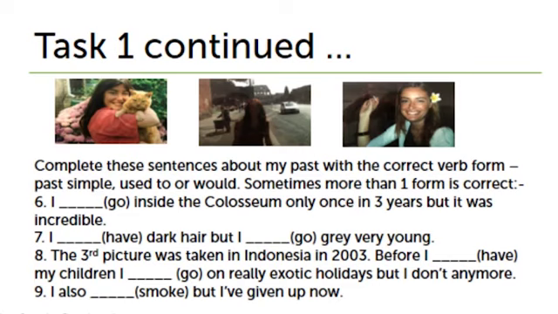Number eight, the third picture was taken in Indonesia in 2003. Before I have my children, I go on really exotic holidays, but I don't anymore. Number nine, I also smoke, but I've given up now.